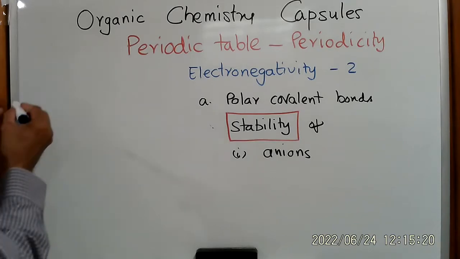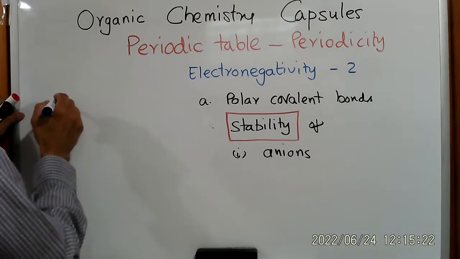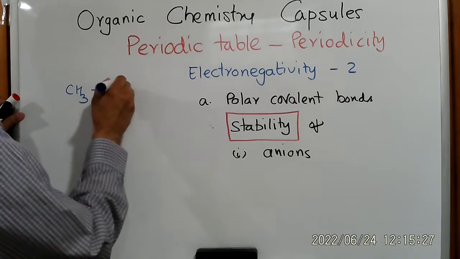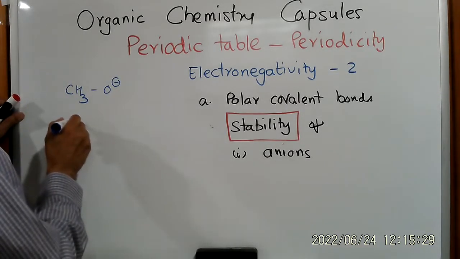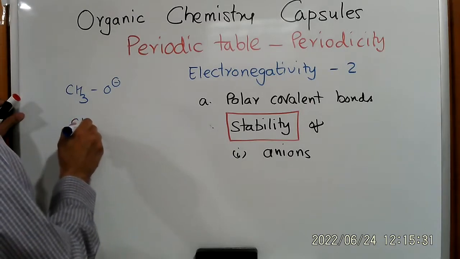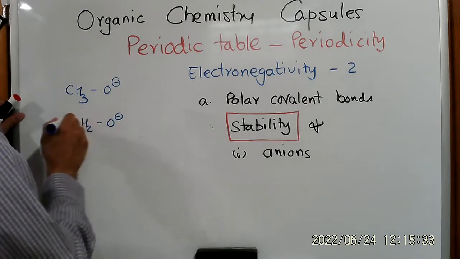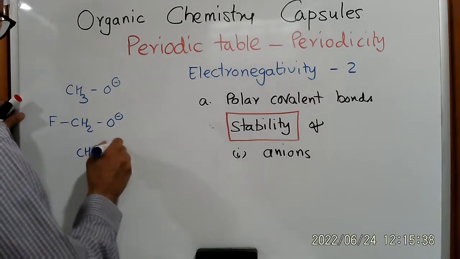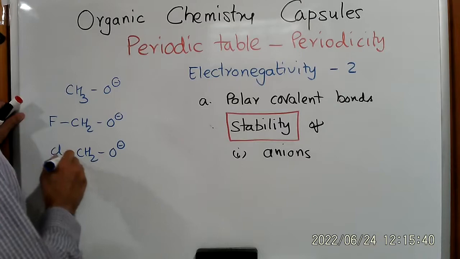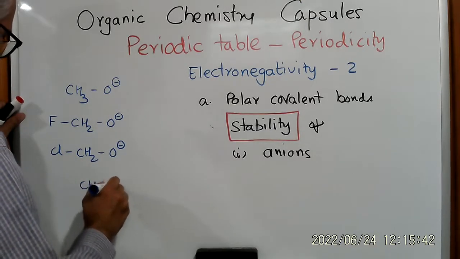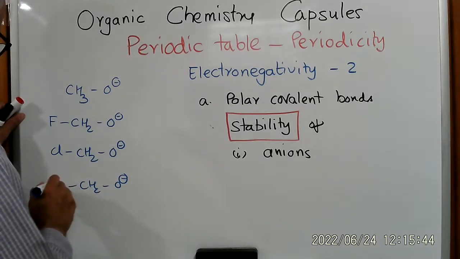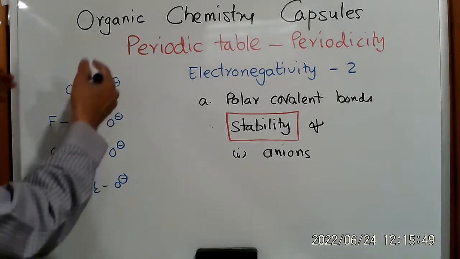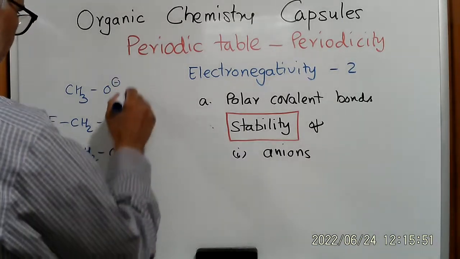What do I have here? CH3O minus. And then I want to complicate things a bit. Fluorine, CH2O minus, chlorine, CH2O minus, bromine. Now I have four ions here.